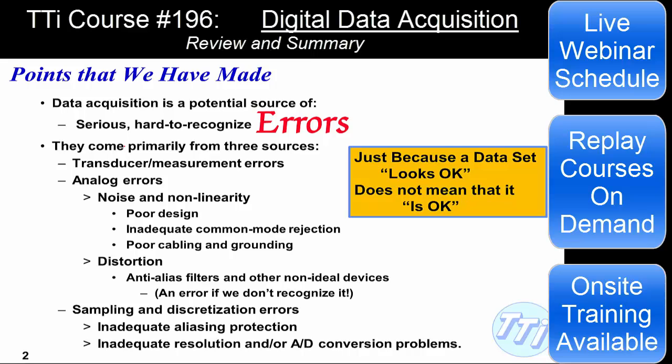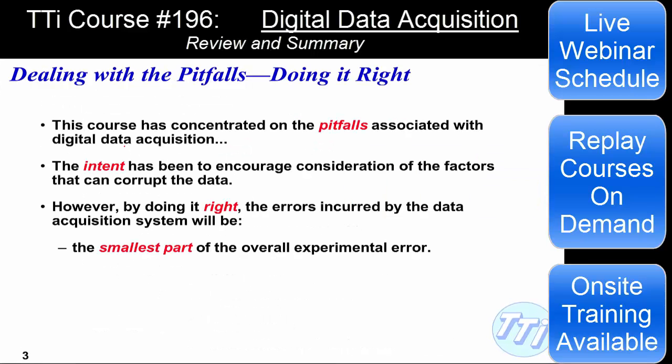And then inadequate resolution. That's not much of a problem anymore because most of the data acquisition systems that we're using today have plenty of resolution. The course has concentrated on the pitfalls of data acquisition, and you may or may not have them, but one of the things you do have to do, as we're going to see shortly, is to prove that you aren't subject to some of these problems.